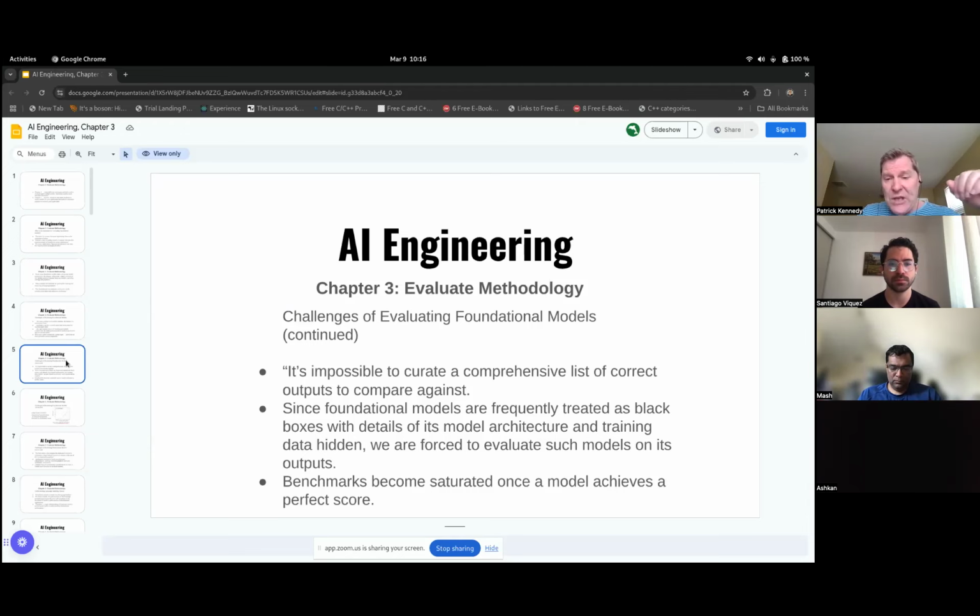Benchmarks also become saturated once a model achieves a perfect score.